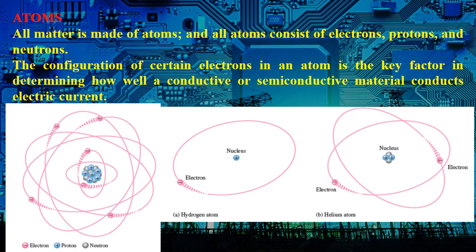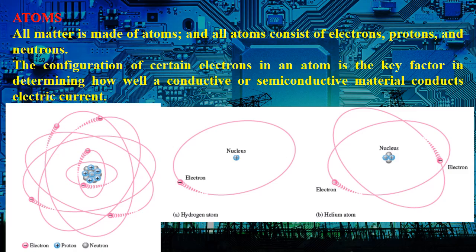The configuration of certain electrons in an atom is the key factor in determining how well a conductive or semiconductive material conducts electric current. So the arrangement of these subatomic particles, the protons, neutrons, and electrons, at the atomic level determines the conductivity and performance of the different materials in the study of electricity.